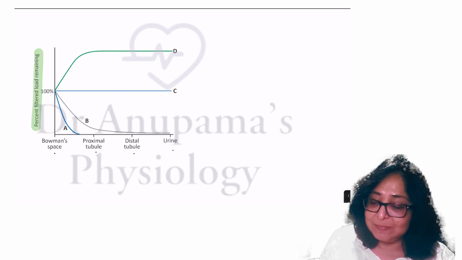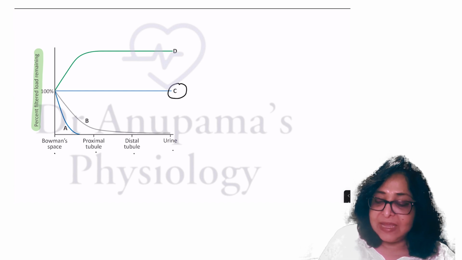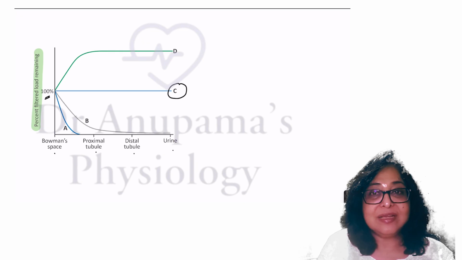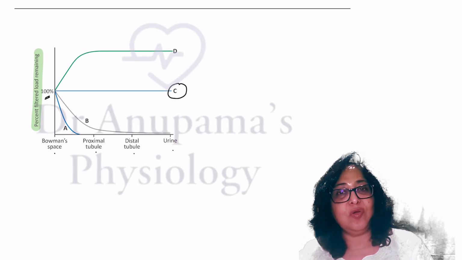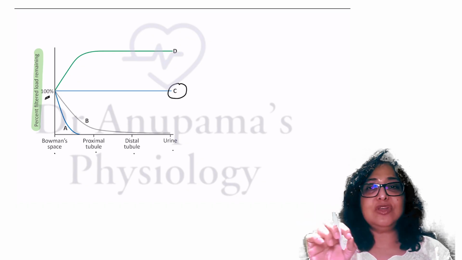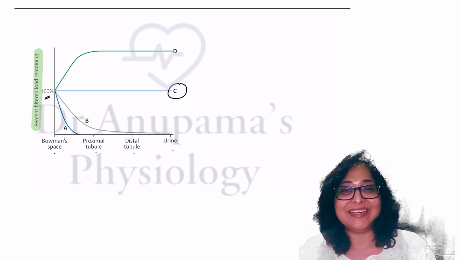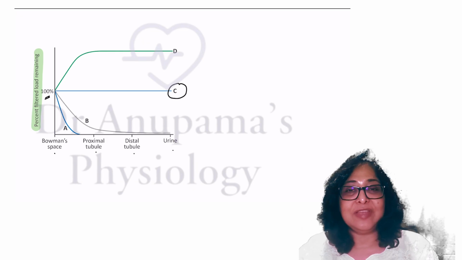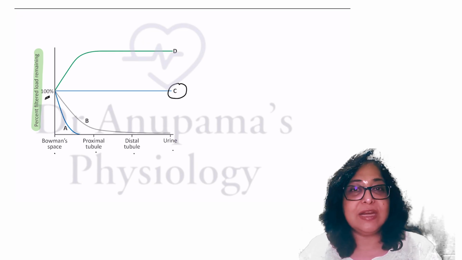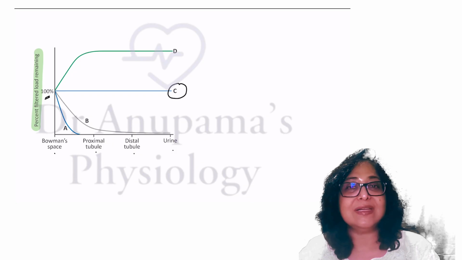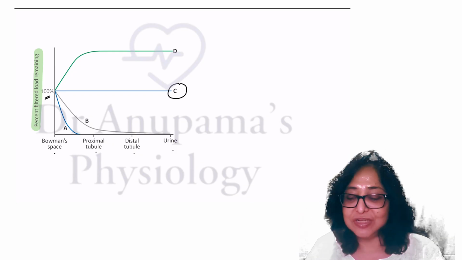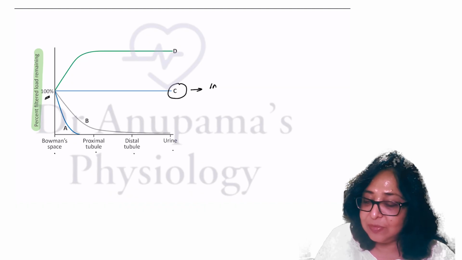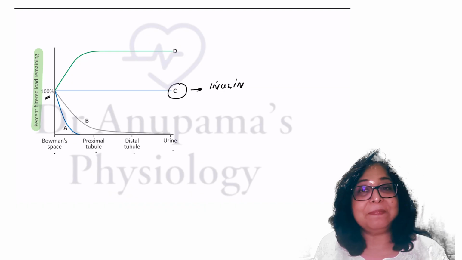Now if you look at substance C, in the Bowman space, the percentage of filtered load is 100. As it passes through the nephron, PCT, DCT, urine, the percentage of filtered load is unchanged. Yes? So that means this is a substance which is freely filtered, not reabsorbed, not secreted. The percentage filtered load is remaining unchanged. So this is inulin.